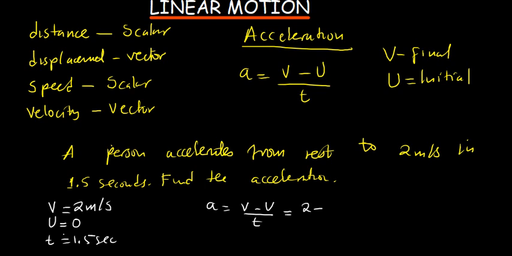So to find the acceleration is final velocity minus initial velocity divided by the time. The final velocity, of course, is 2. The initial, where we started, is 0, over the time, that is 1.5. So 2 divided by 1.5. We can also write 1.5 as 3 over 2. So we are saying 2 divided by 3 over 2, which we can also write as 2 times 2 over 3.